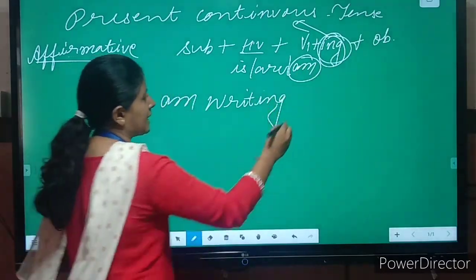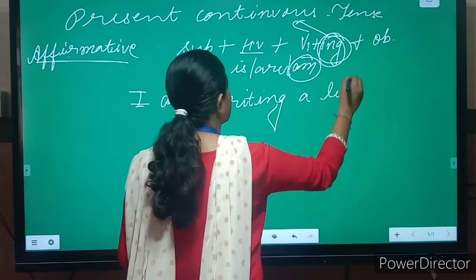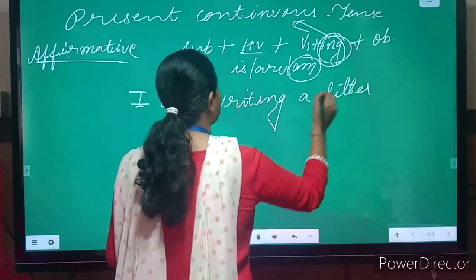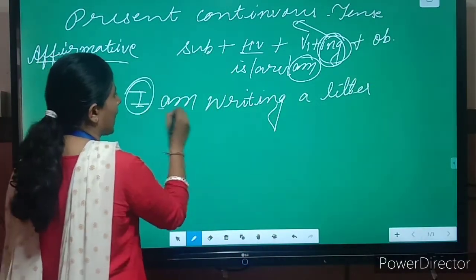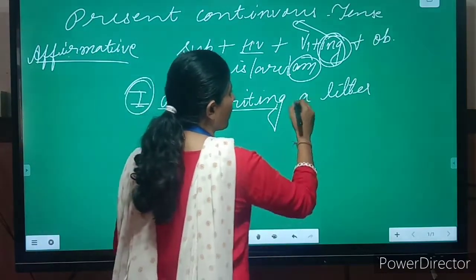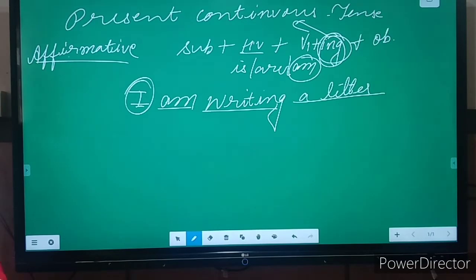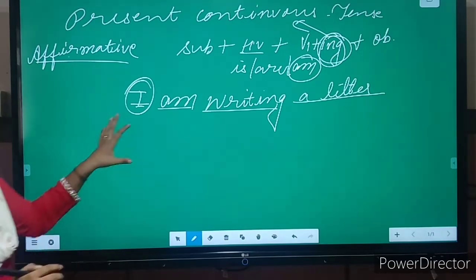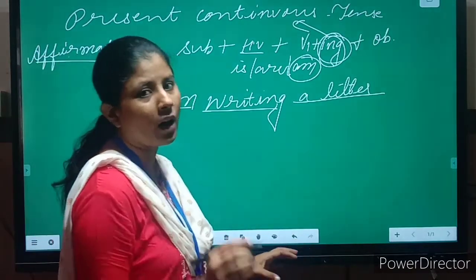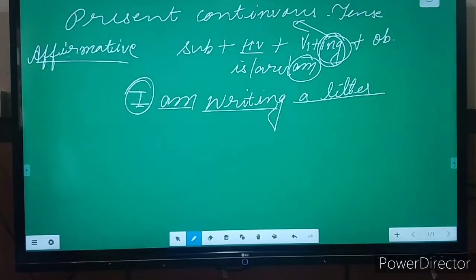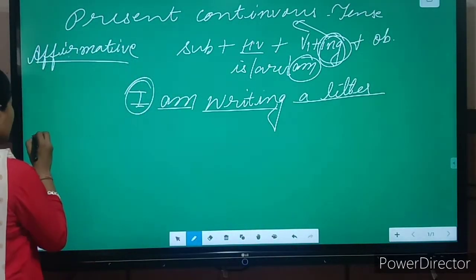I am writing a letter. So I is the subject, am is the helping verb, writing is the main verb, and letter is the object in this sentence. So this is how you can form present continuous tense. It means you are writing a letter right now. Clear?